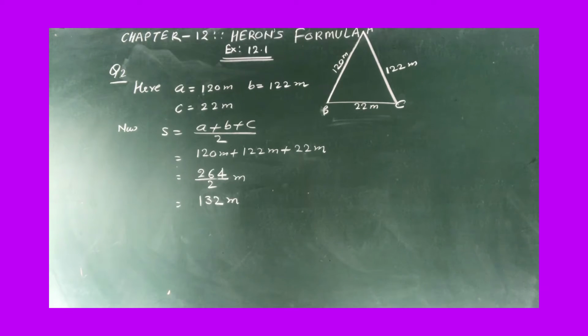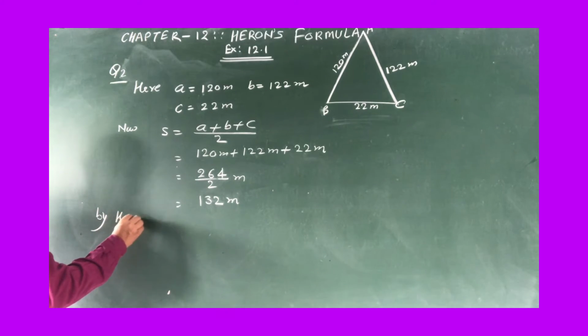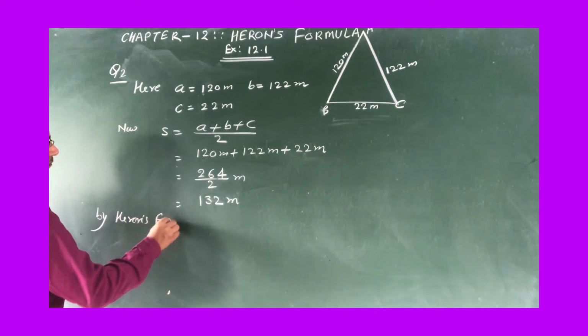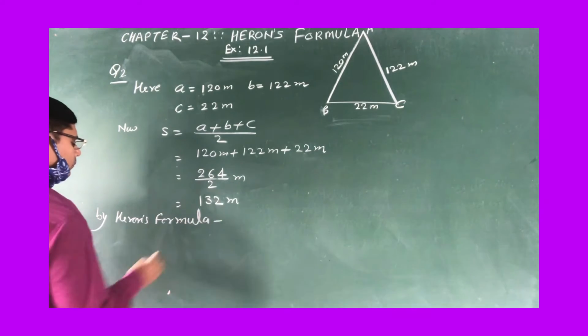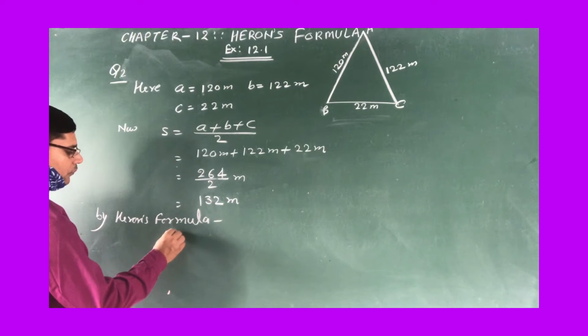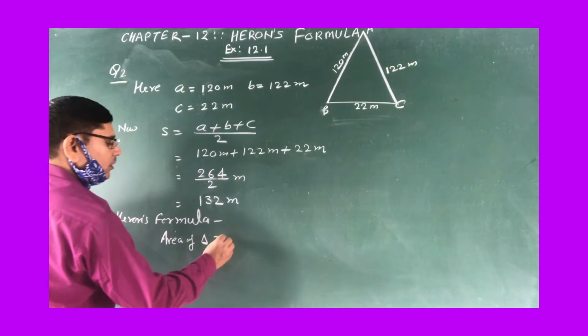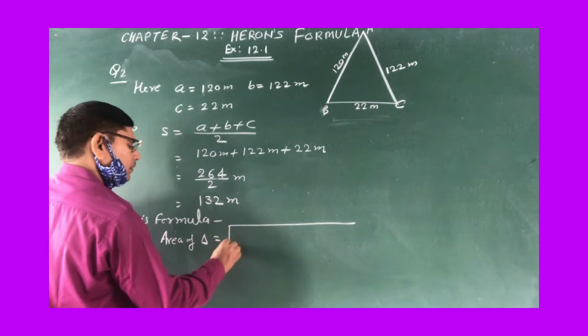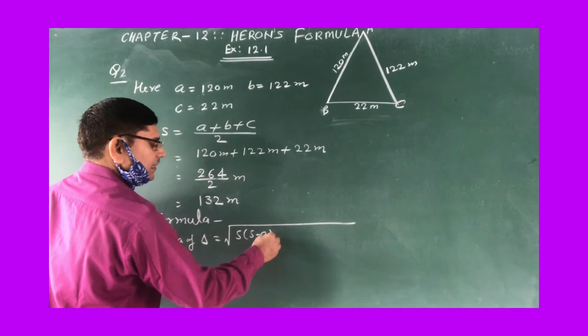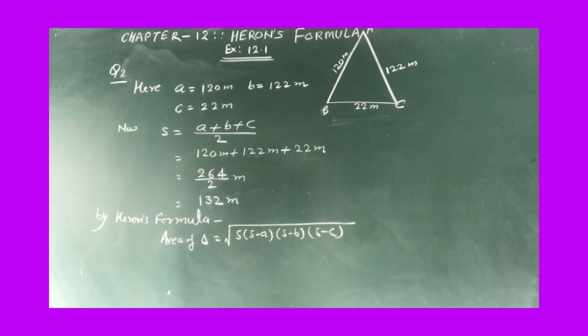After that, when you find s, then you will go for using Heron's formula. So by Heron's formula, there you know that area of triangle equal to under root s into s minus a, s minus b, and s minus c.